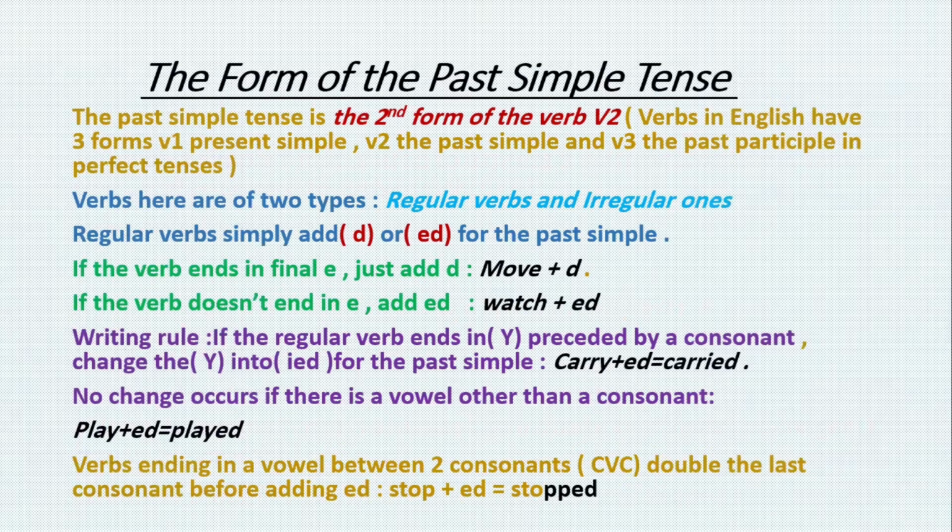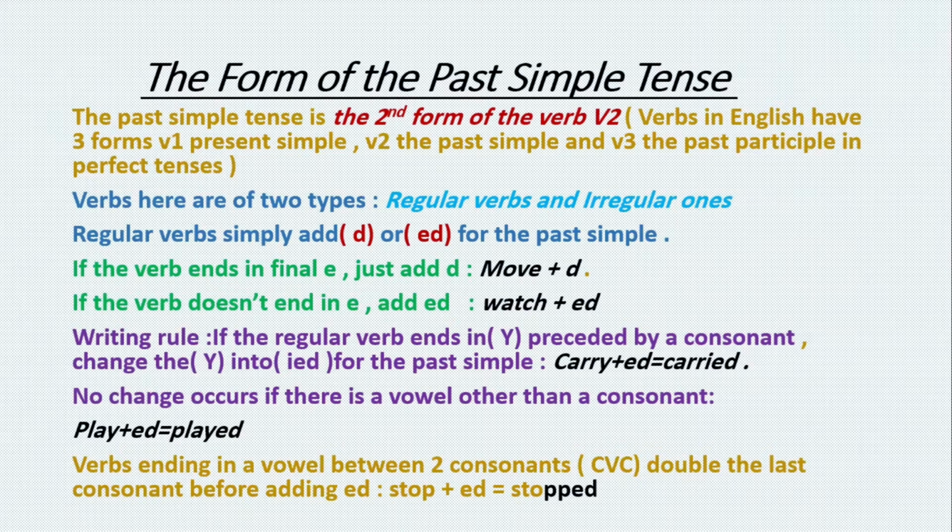Form three, or verb three, this is the past participle we use in the perfect tenses. Today we are going to talk about verb two, or form two of the verb. And verbs in English are of two types: regular verbs or irregular ones.